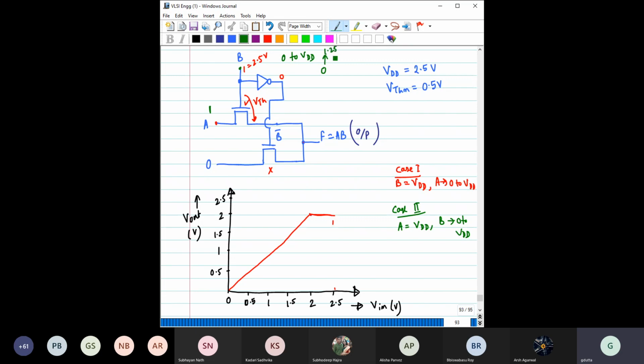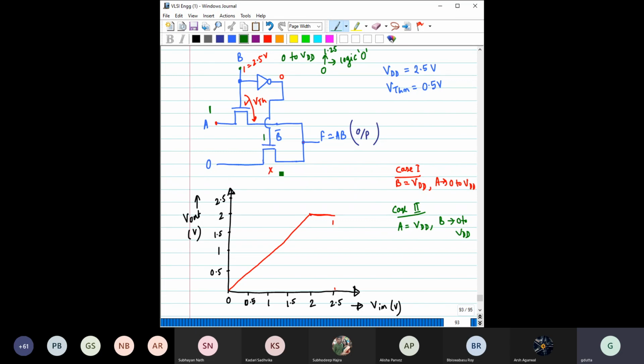It has not reached it yet, so throughout this region it would be considered as input logic 0. If this is logic 0, what would be the output? The output would be equal to 1.